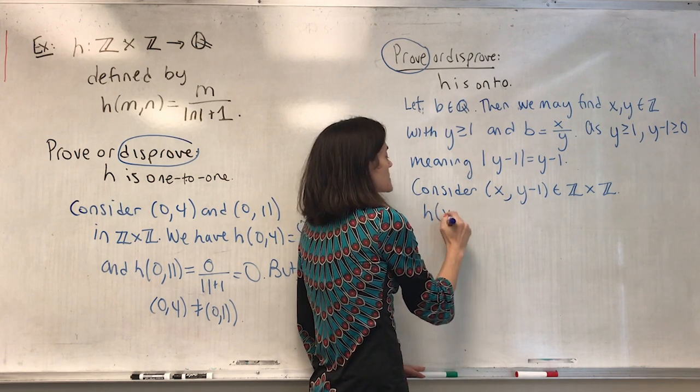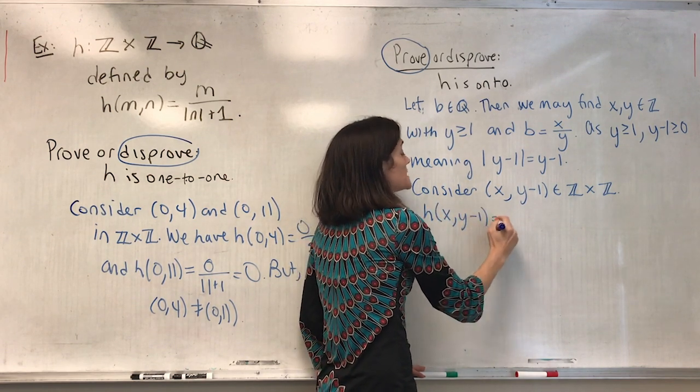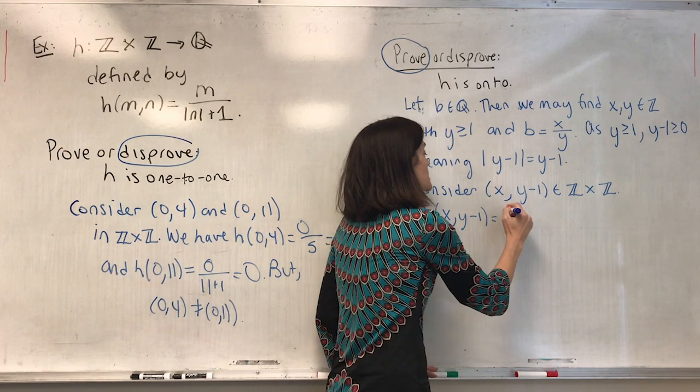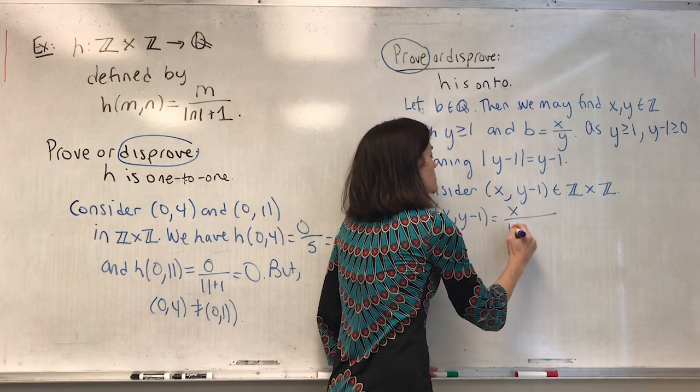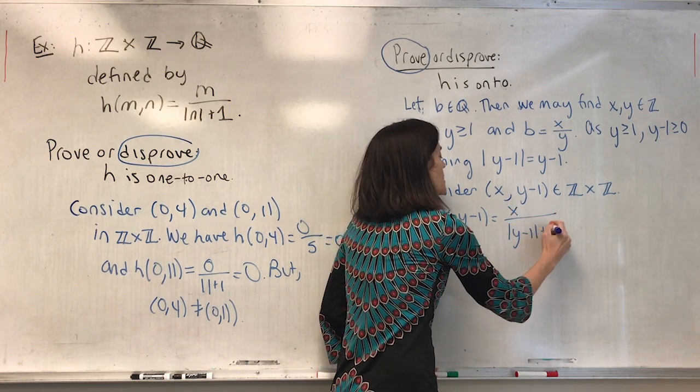Then H of (X, Y minus 1), well, the definition of H is that it's X over the absolute value of Y minus 1, plus 1.